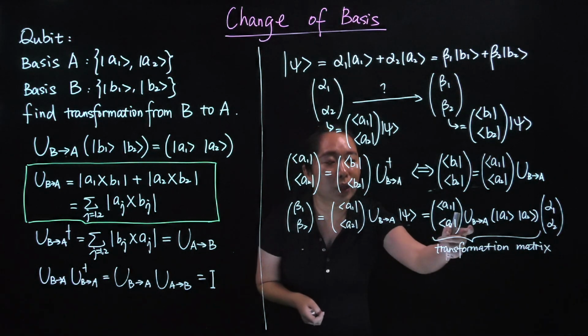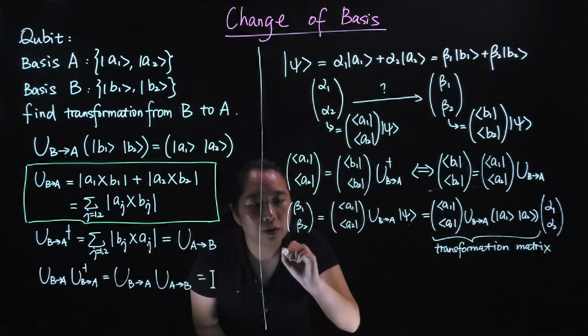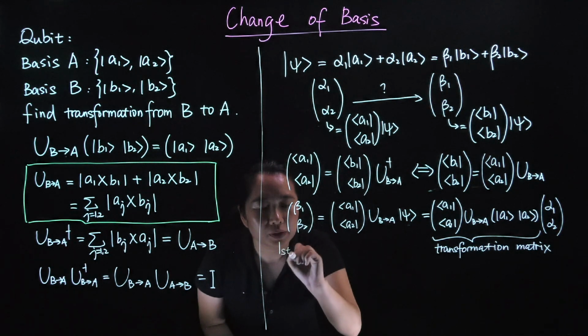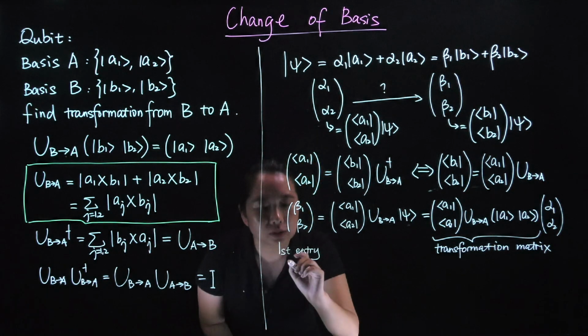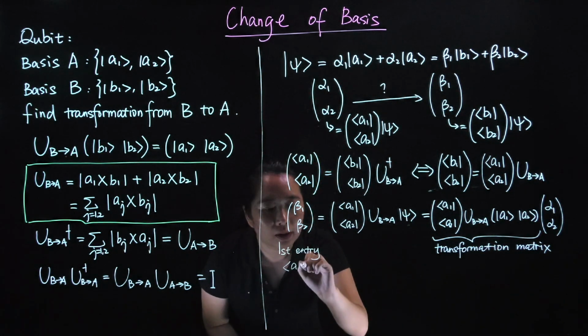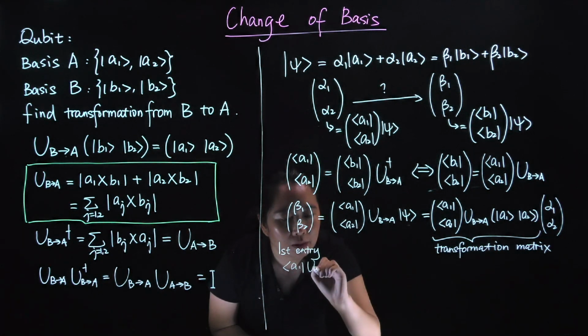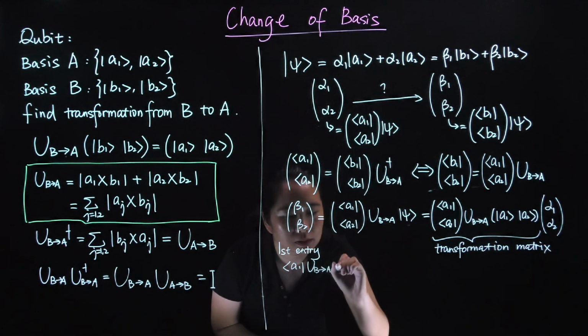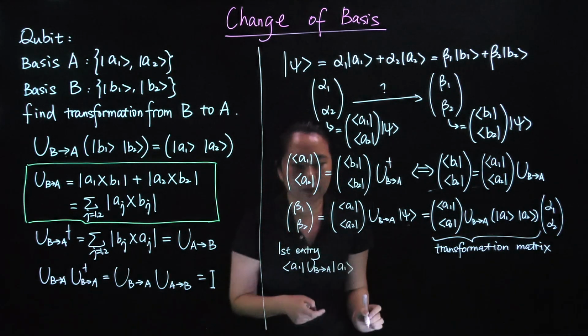We can also work out what is the element of this transformation matrix. For example, its first entry is bra A1, the unitary operator, B basis to A basis, and the ket A1.